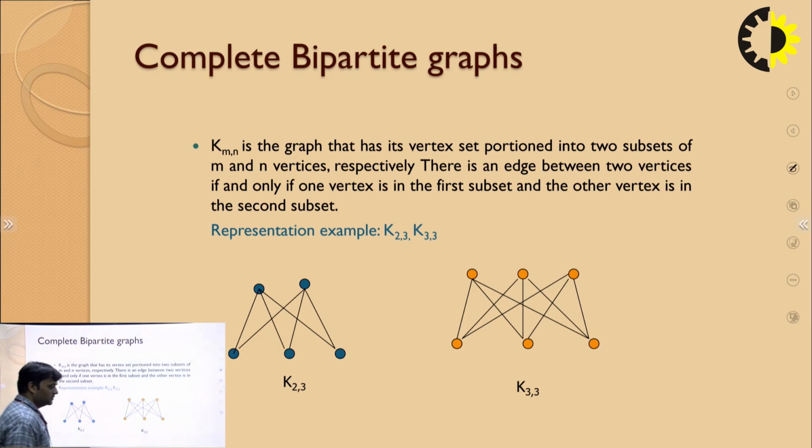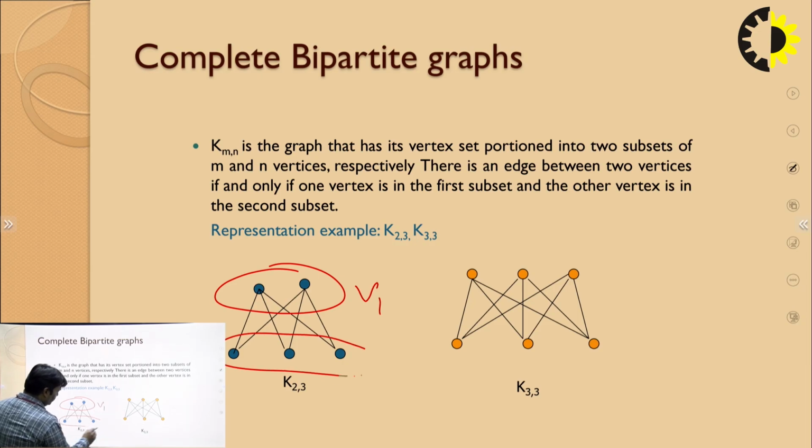Complete bipartite graph. As we saw in previous slides, in a complete graph all the nodes are connected with all the remaining nodes. Similarly, in a complete bipartite graph, each vertex of V1 and each vertex of V2 should be connected to each other, meaning V1 should be connected to V2 and V2 should be connected to V1.